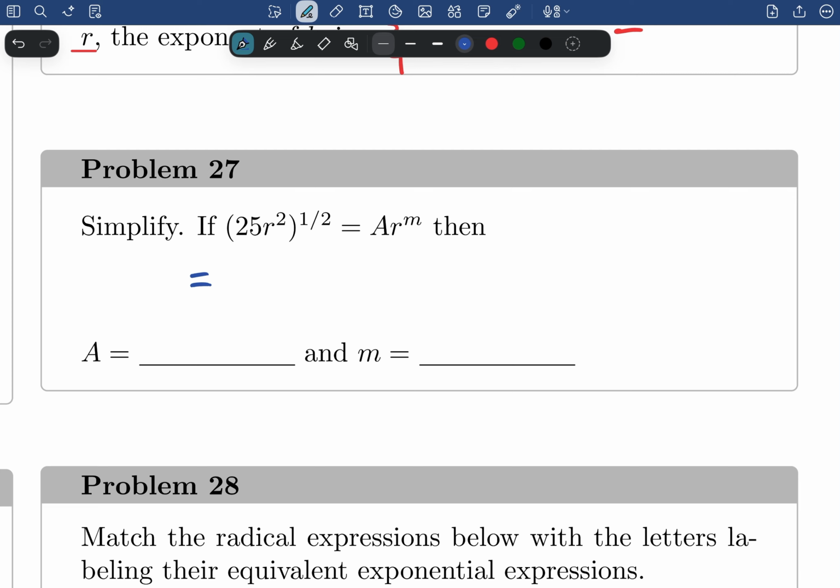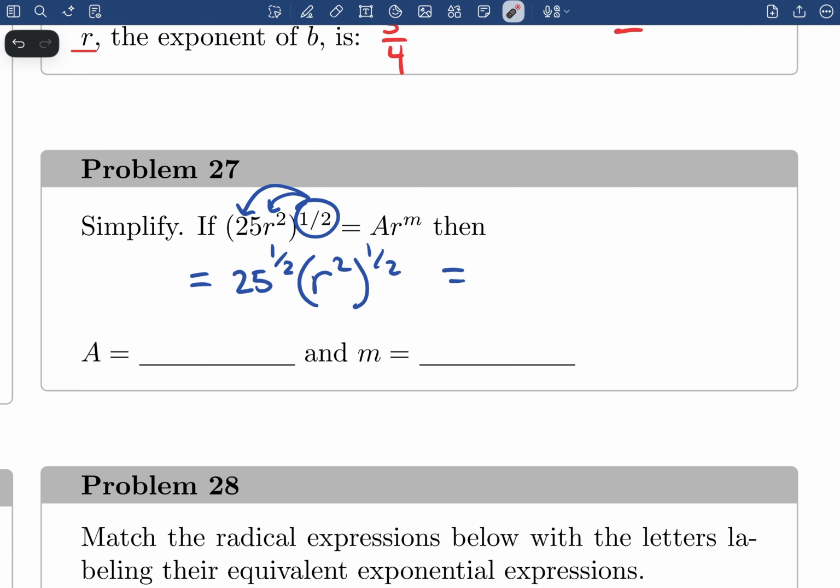So I'm going to write the result as 25 to the 1/2 times r squared to the 1/2. What am I doing? I'm using the power rule of exponents and I'm applying it to the first base and the second base.